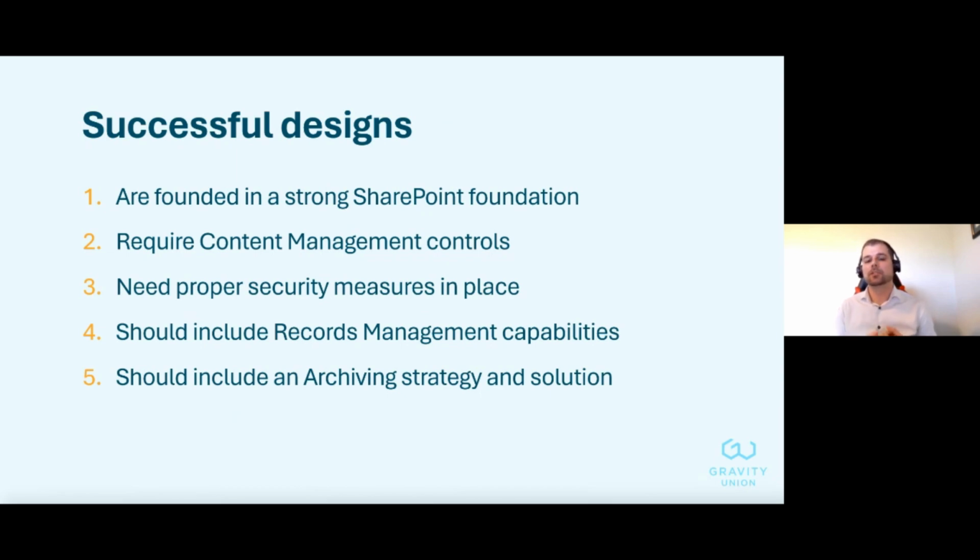We need to make sure that we are disposing of older content appropriately in order to get the most out of that Gen AI. And then it should likely include an archiving strategy and solution as well, because you do want to get that content out of SharePoint, or out of at least the general access, when it's no longer useful to the business, but maybe you need to keep it for longer.